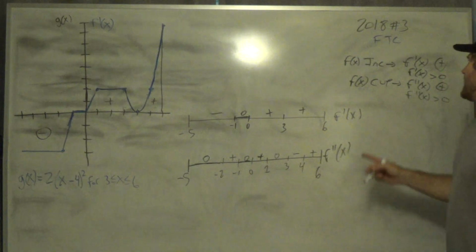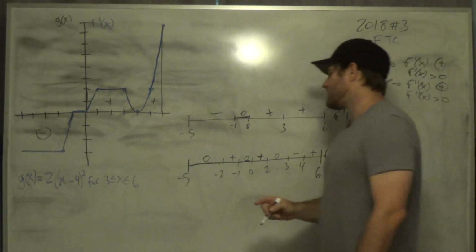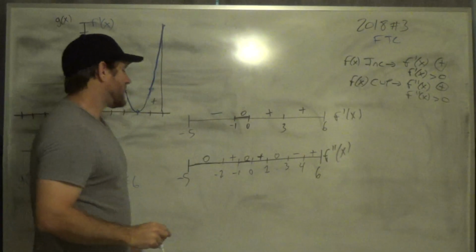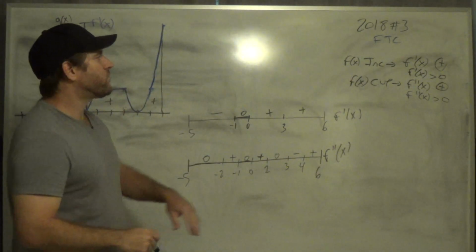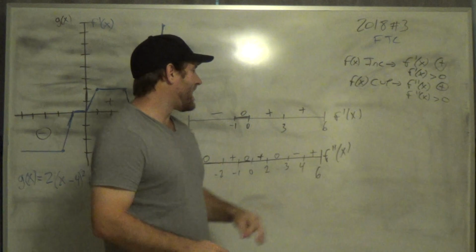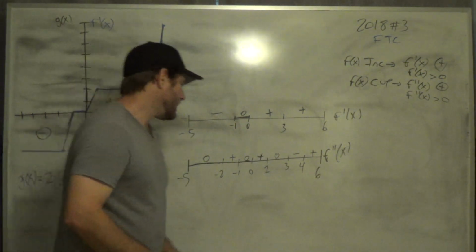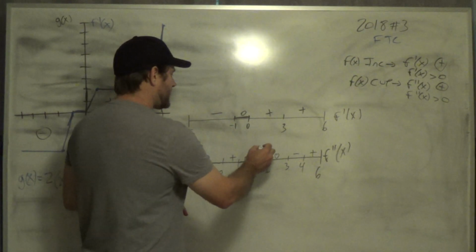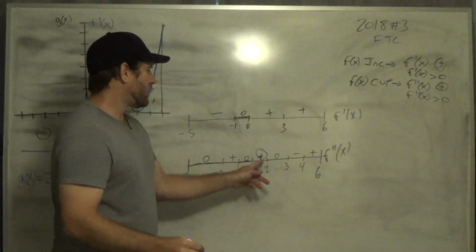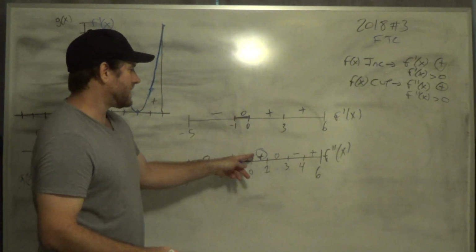And there it goes. And again, concave up means the second derivative is positive. So the second derivative is positive here, and here, and here. So remember in this graph, we are looking for where both of these are positive. They are both positive here. From 0 to 1, they're both positive.